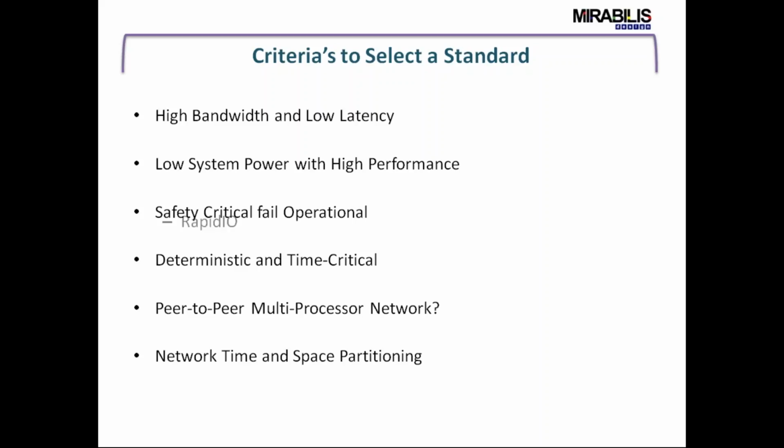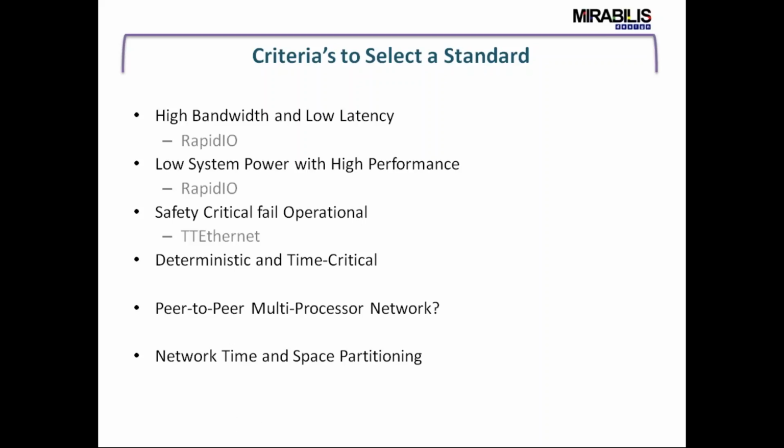these two standards itself. So if you look at the high bandwidth and low latency, definitely RapidIO is just the right fit. And also if you look at the low system power with high performance, again RapidIO helps us in meeting these requirements.